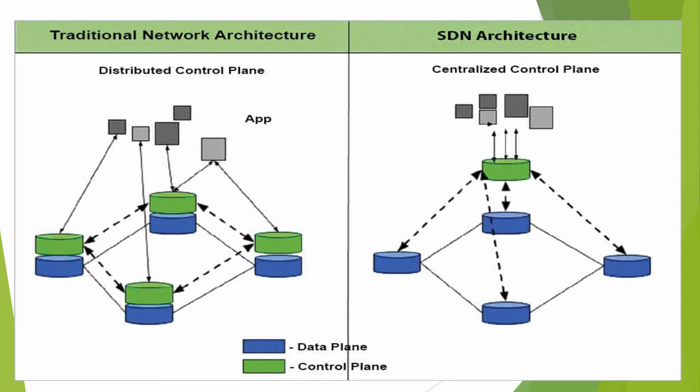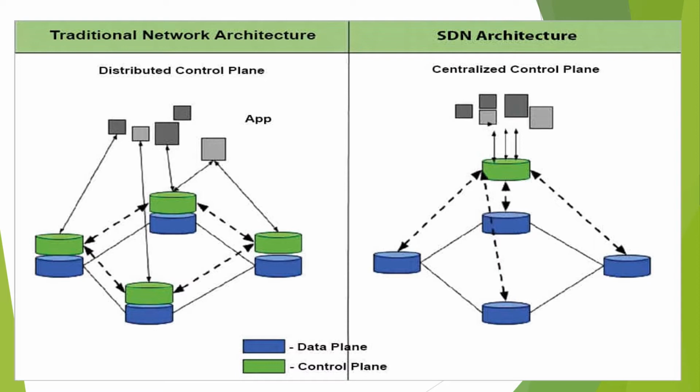Then we have applications which can connect to individual devices. Whenever we want to configure anything on the devices, we can connect remotely to the devices, configure the policies, and the configuration can be done. However, for this we need to connect to each device individually.